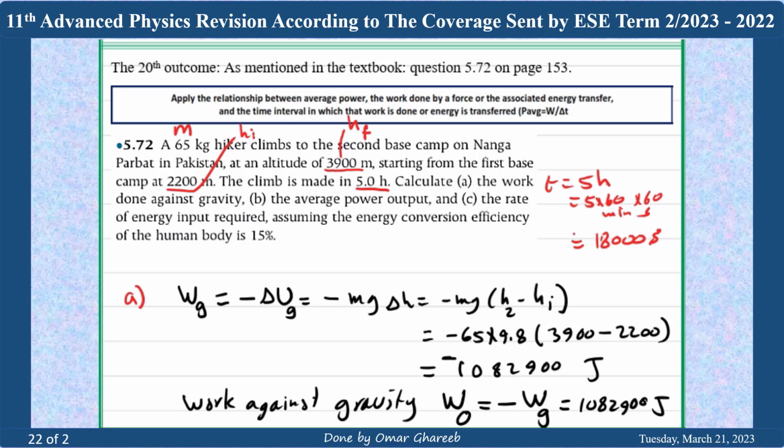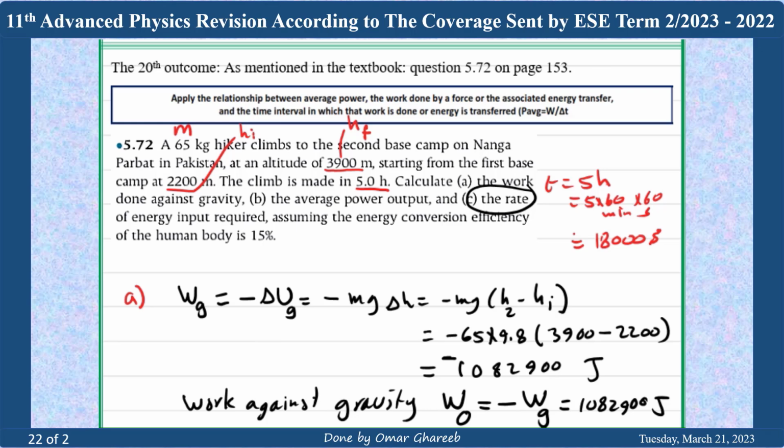Here I have a comment on the phrase the rate. Should be the amount, not the rate. Except if they mean the power. Okay. If they want us to find the power, no problem. Because the rate of energy is the power.